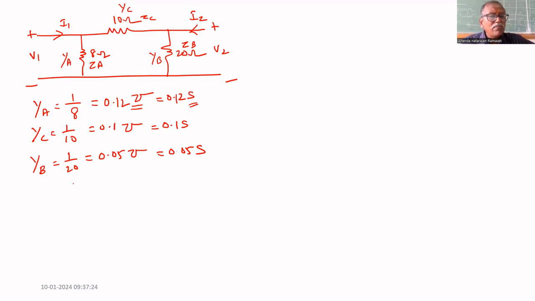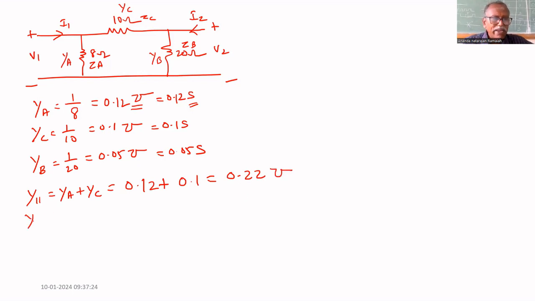So all YA, YB and YC we know. Therefore Y11 equal to YA plus YC, that is 0.12 plus 0.1, equal to 0.22. Y12 equal to Y21 equal to minus YC, that is minus 0.1 Siemens.